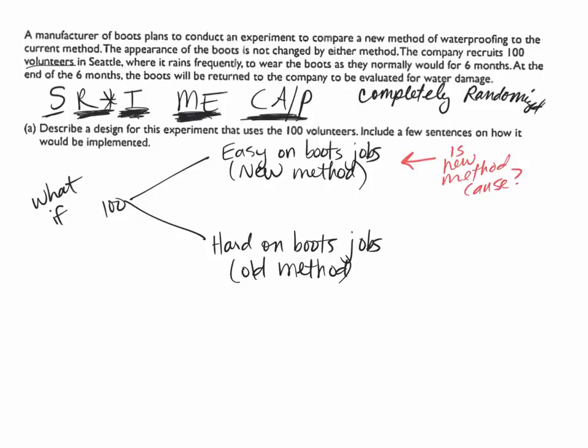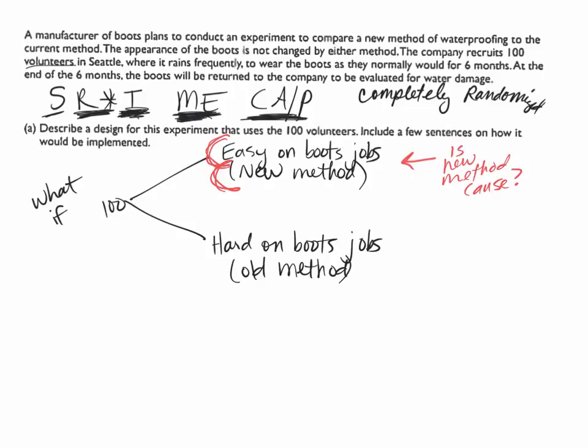Right now you're just sitting and listening, so I'm going to have you say something to your partner. Listen first so you know what you're about to do. You're about to have to turn your brain back on, because y'all have gone into after lunch sleep mode. So one group, just by pure randomness, got a whole bunch of people that have jobs easy on the boots, and those were the ones I was going to put the new waterproofing method on.